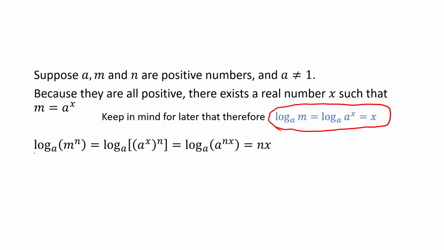And so now, when we state the thing that we're trying to establish, the log base a of m to the n, we can replace this m with a to the x. But we know a to the x to the exponent n, we can multiply these two exponents and just have a to the nx. And as stated on the first slide, log base a of a to the exponent is just equal to the exponent. So log base a of a to the nx is just equal to nx.